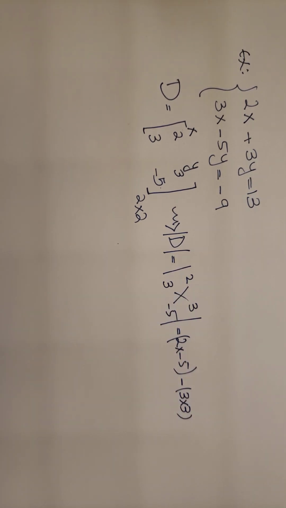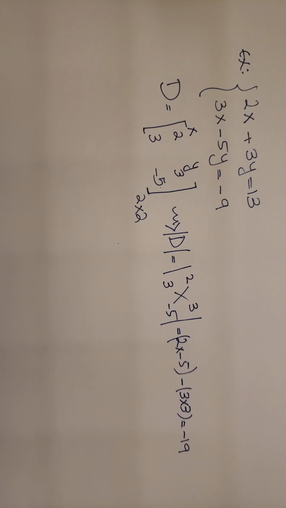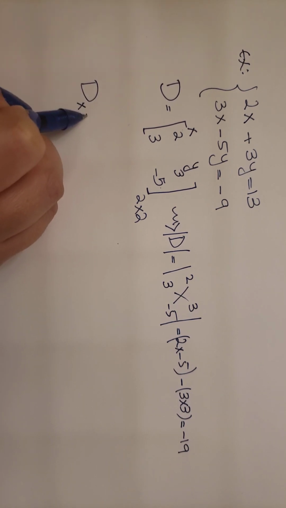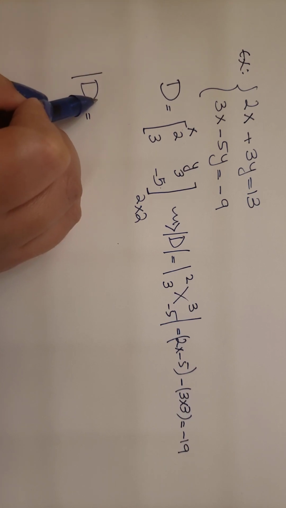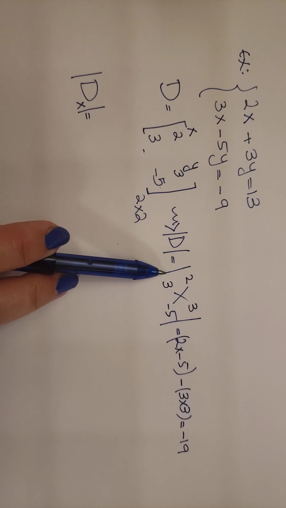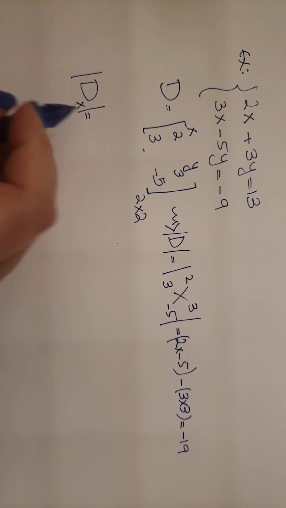That would be -10 minus 9, which is -19. So that is the value of your D, or the determinant. It's -19. Then we have to find the x. I'll go to the determinant directly instead of defining the matrix and then the determinant. I just skip this step.